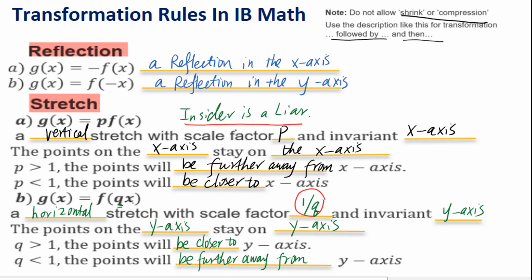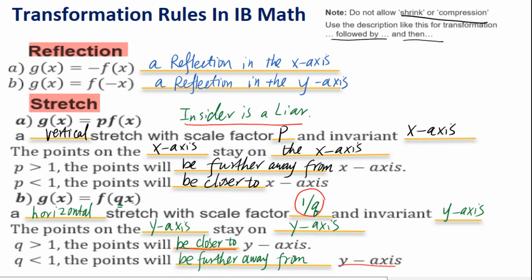Insider is a liar. And invariant y-axis. The points on the y-axis stay on the y-axis. They don't change. When q is greater than 1, the points will be closer to the y-axis. When q is less than 1, the points will be further away from the y-axis.